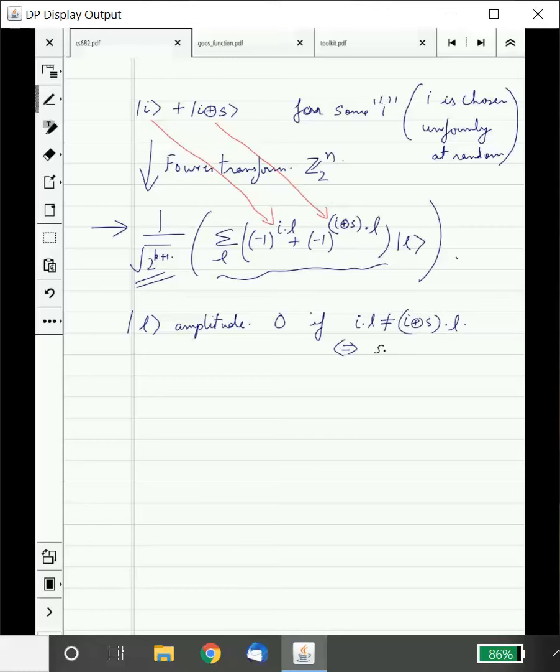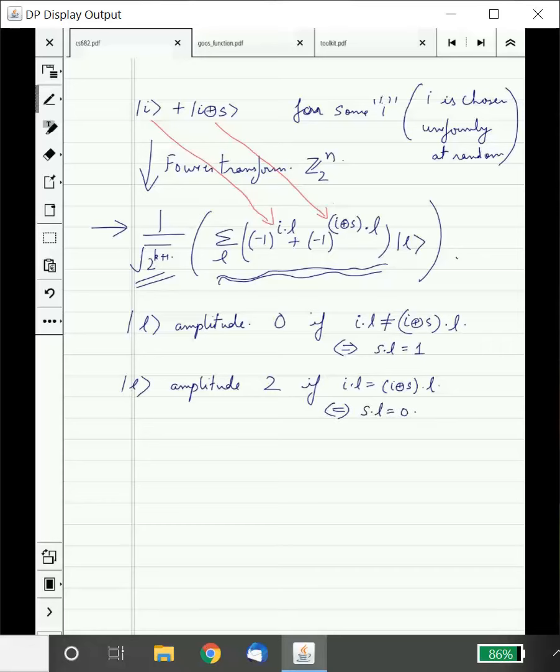Notice that S dot L can only be 1 or 0. There are only two possibilities. If it is not equal, then S dot L should be equal to 1, and L amplitude is 2. Again, I'm not talking about the normalization here, just this thing, if I dot L is equal to I plus S dot L, this is saying S dot L is 0.